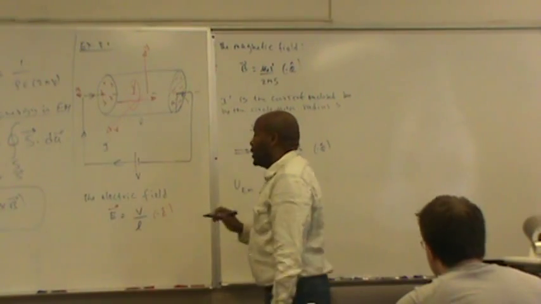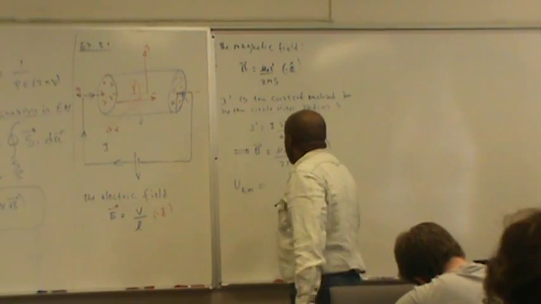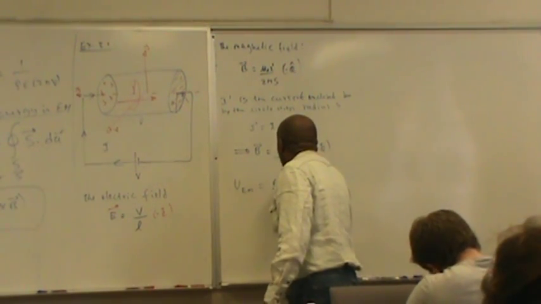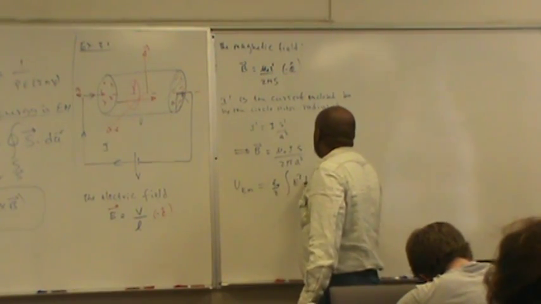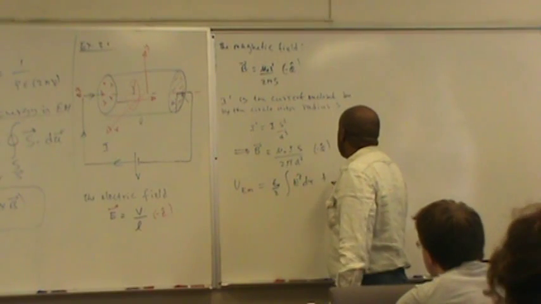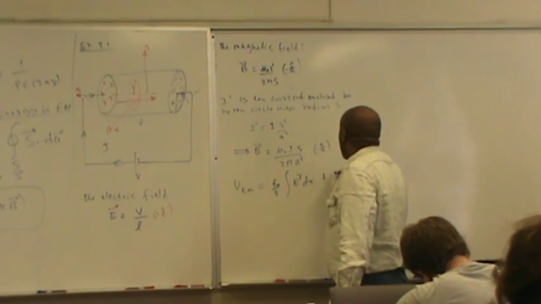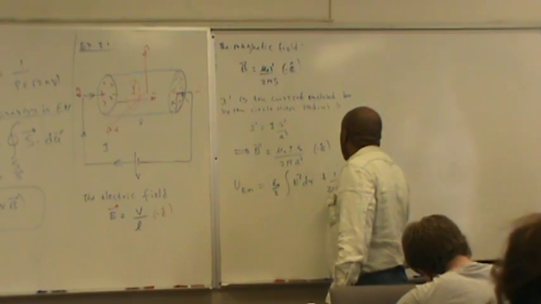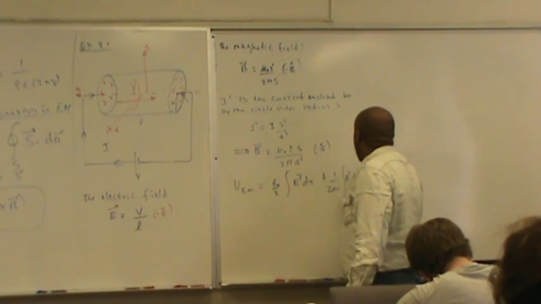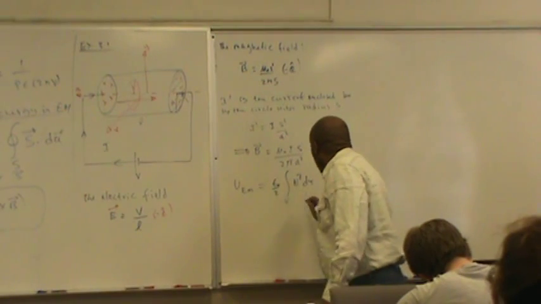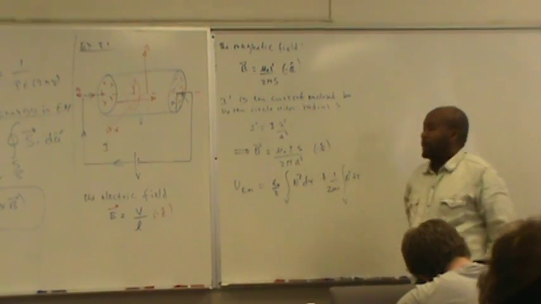U EM is going to be epsilon naught over 2 times the integral of the electric field squared d tau, plus 1 over 2 mu naught times the integral of B squared d tau over the volume.